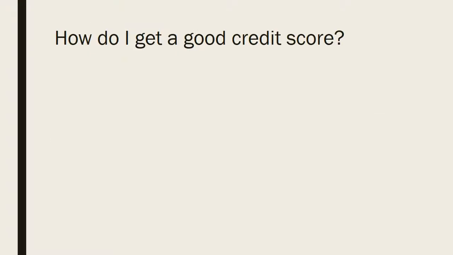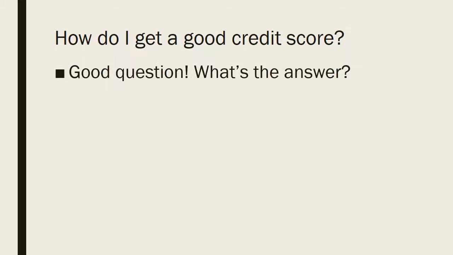So how do I get a good credit score? That is a great question, and there's a good article below. And we're just going to hit a summary of the points, but you really need to delve into the details to really get a better grasp of each one of the 5 elements of where a credit score comes from and how to improve that score. So first of all, it's payment history. Are you paying on time? Are you paying late? Are you paying not at all?